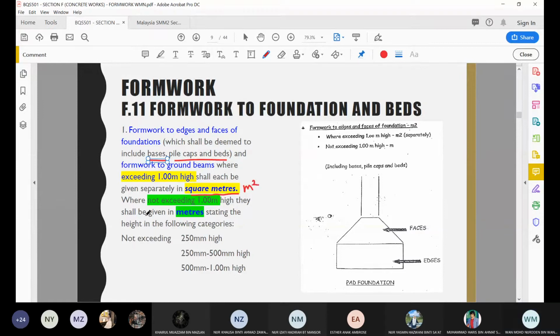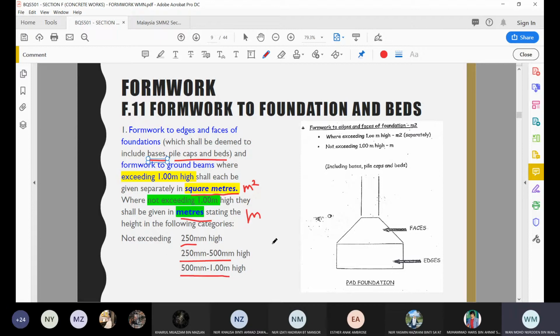Where not exceeding 1 meter high, they shall be given in meter. Kalau tak melebihi daripada 1 meter dia punya tinggi, unit dia dalam meter lah, stating the height of the following categories. Not exceeding 250 mm high, 250 to 500, 500 to 1 meter.